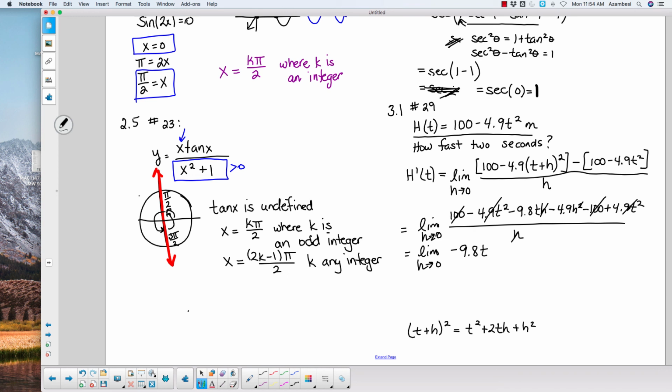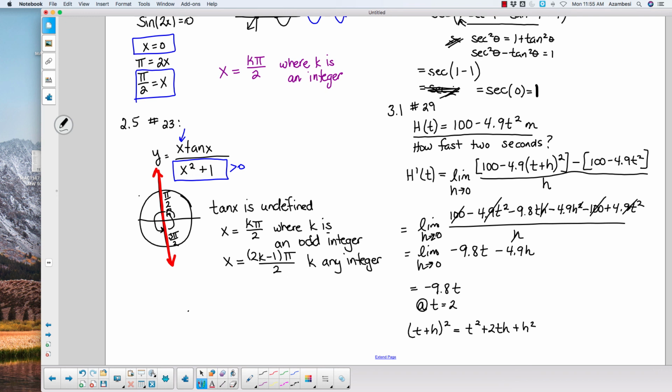All right, so negative 9.8 t minus 4.9 h, and if we let h go to 0, that's negative 9.8 t.